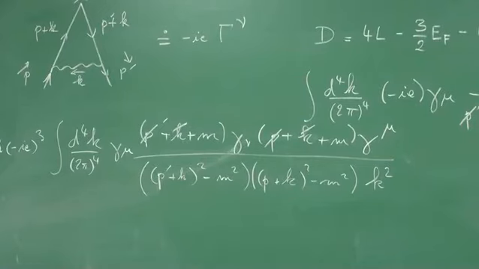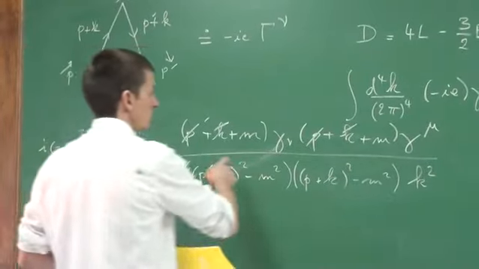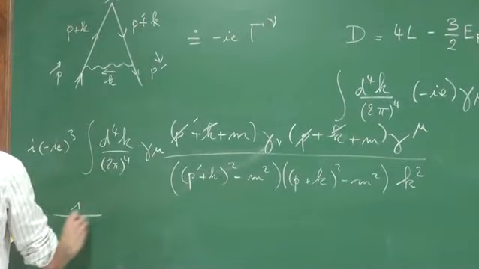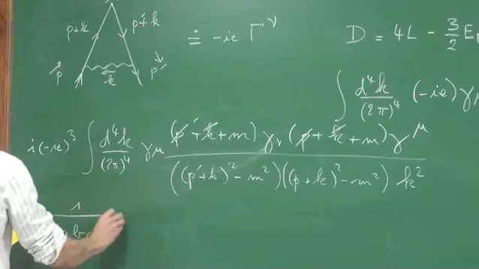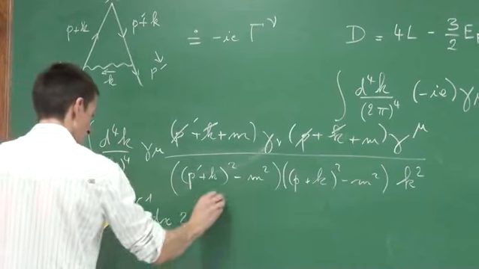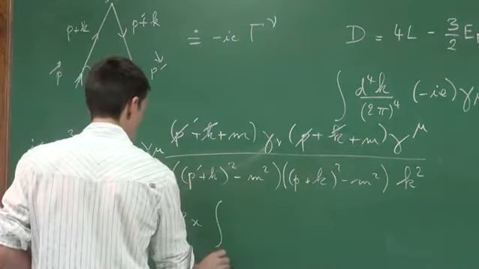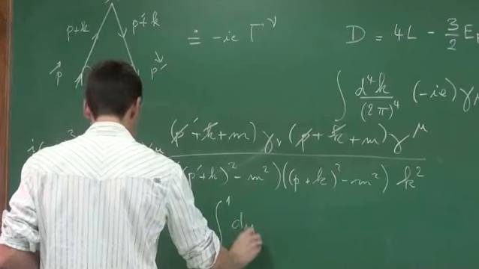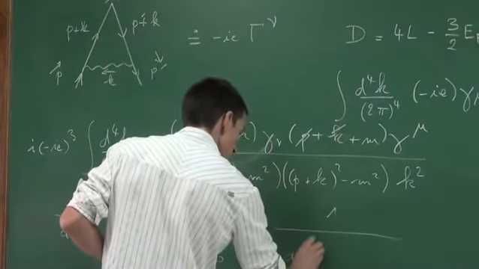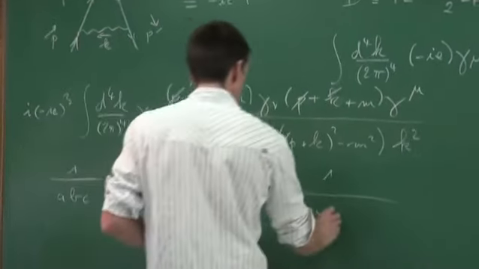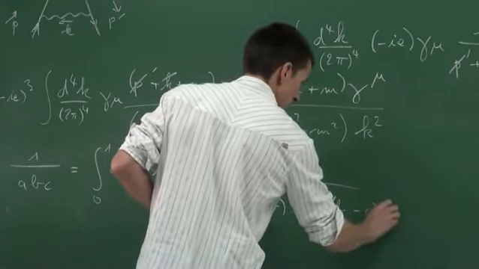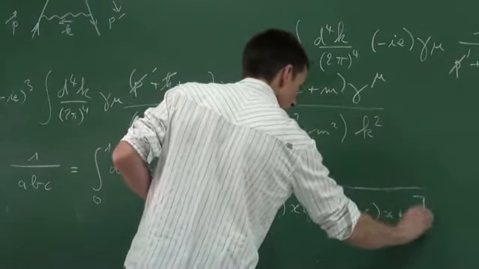So I said that you have to do the Feynman parameterization, which means here 1 over a, b, c equals integral over x and integral over y, 1 over a minus b times x y plus b minus c and x plus c to the power 3.